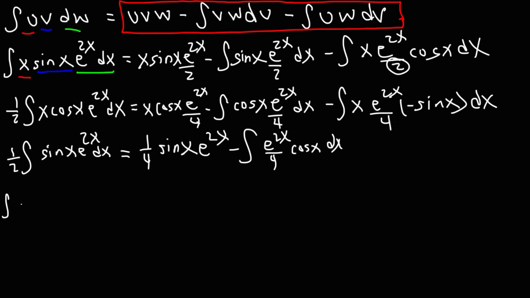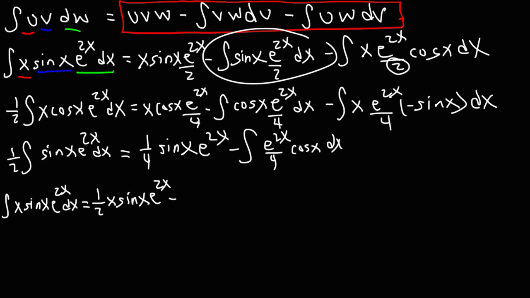So now the original expression, x sine x e to the 2x dx, is going to equal this. So that's 1/2 x sine x e to the 2x, and then minus.